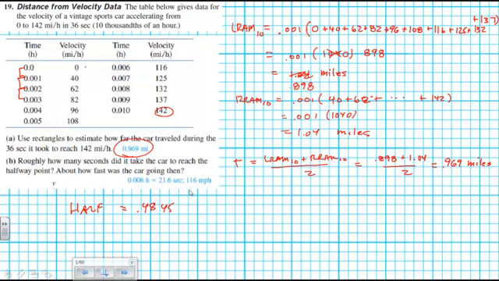Well, one way to look at this would be to say, how far did we travel in this interval?